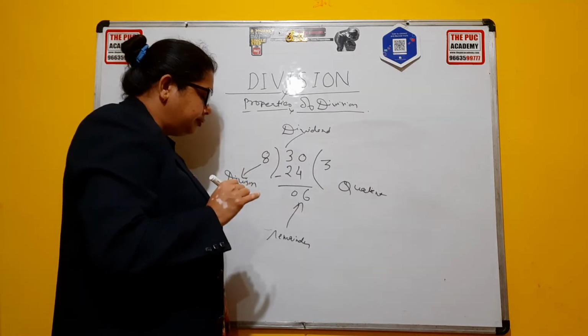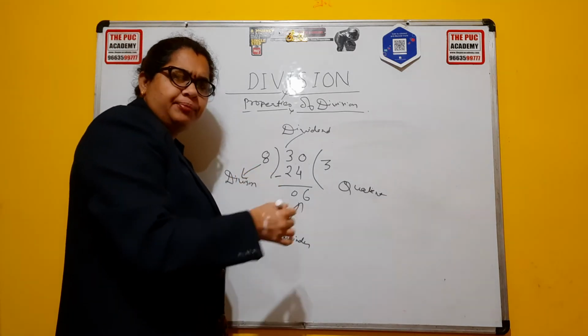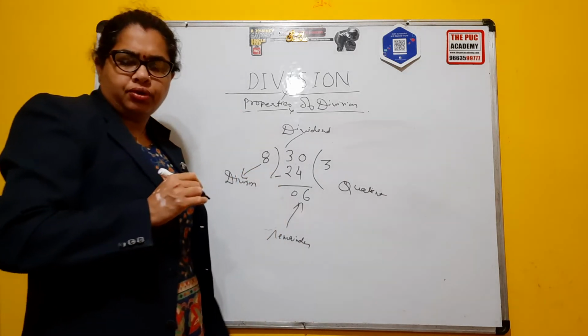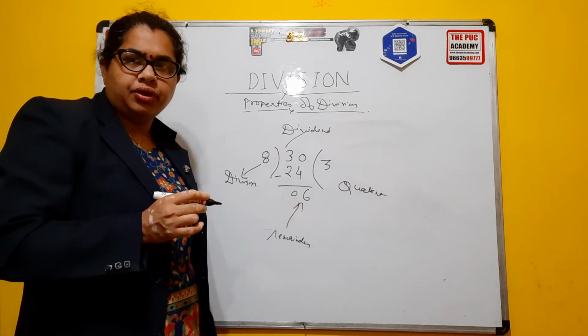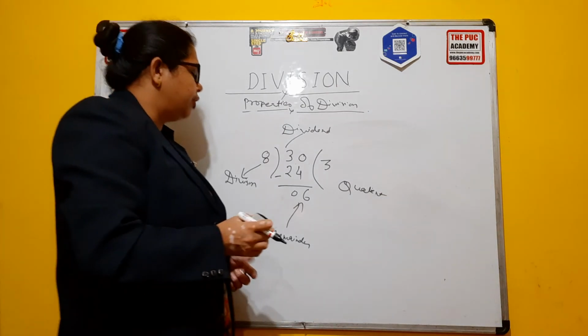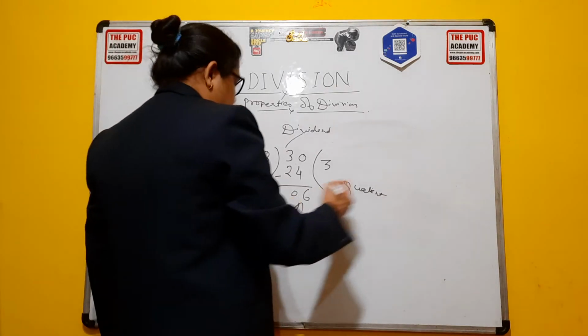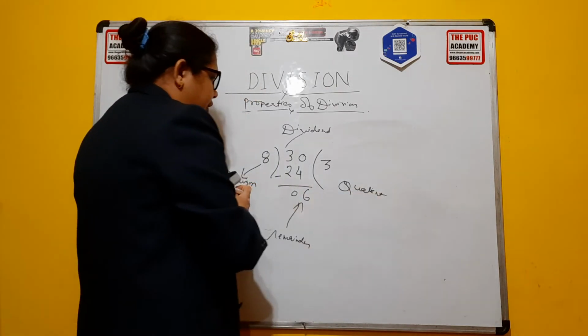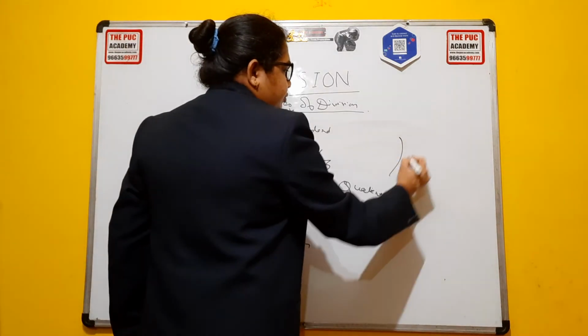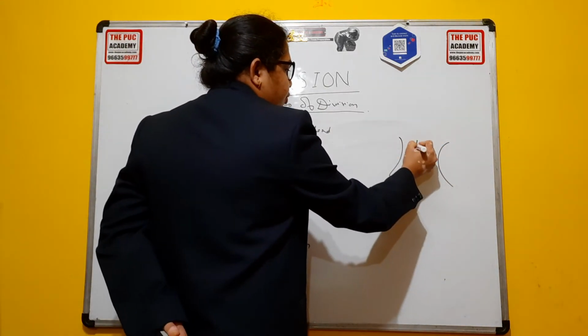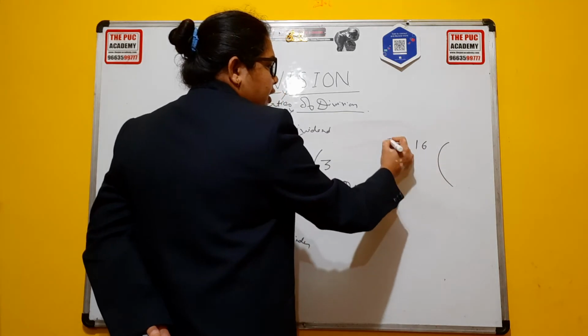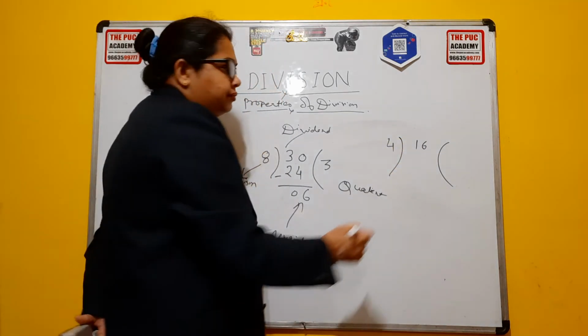Now we will see so many examples here. First see some more concepts of division. Or you can see another example if you want to see right now. Take a very simple example where you don't have a remainder, like 16 divided by 4.